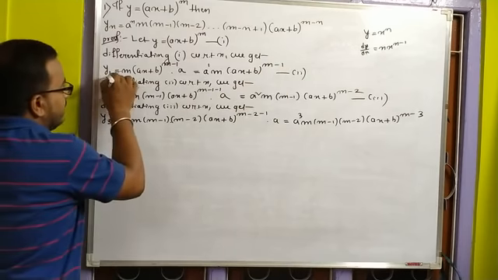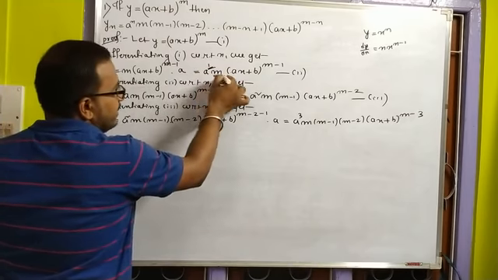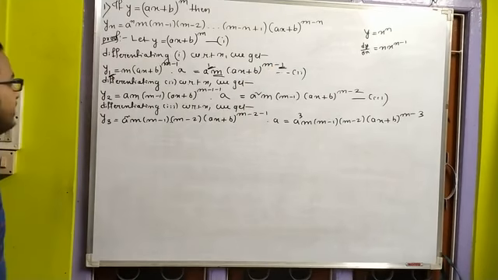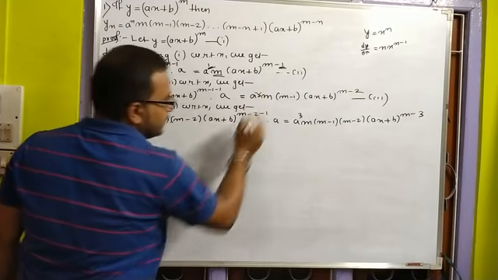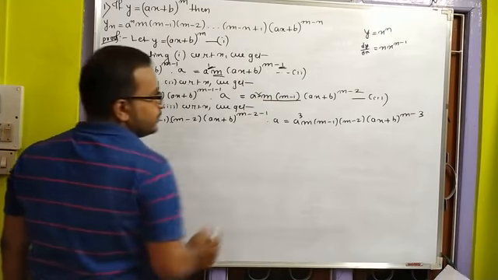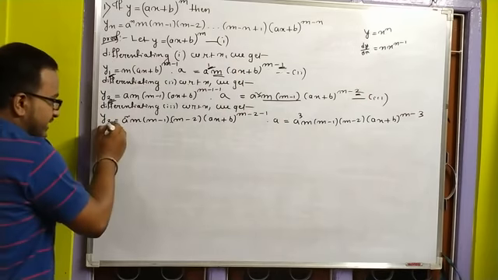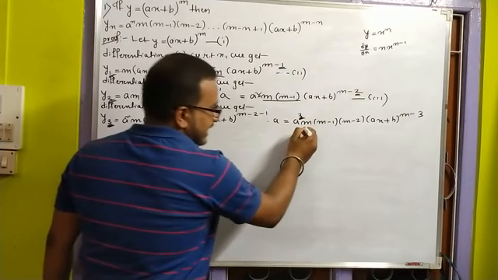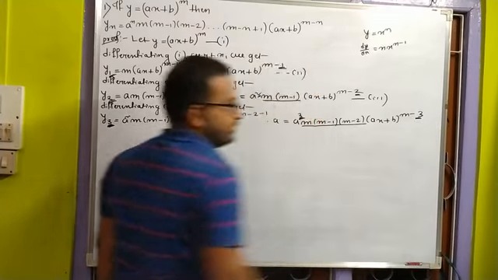When it is 2, then the power of a is 2, the number of terms with m is 2, then here it will be m minus 2, right? When it is 3, then the power of a is 3 and the number of terms with m is 3, then here it is m minus 2, right?